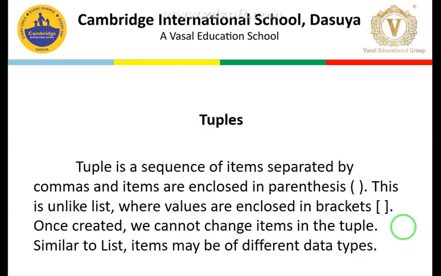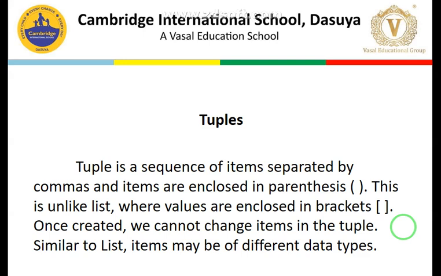A tuple is a sequence of items separated by commas and the items are enclosed in parentheses, unlike list where values are enclosed in square brackets. Once created, we cannot change items in the tuple. Clear? This is the major difference: tuple values are immutable, and in list the values are mutable.